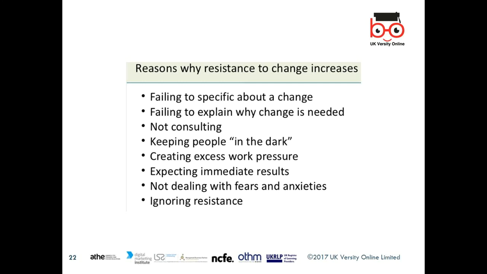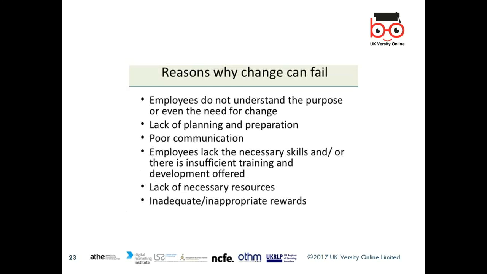Then certainly the union and various others may strike, and our operations can be postponed. So we need to communicate well. Other mistakes are expecting immediate results, not dealing with fears and anxieties, and ignoring them.